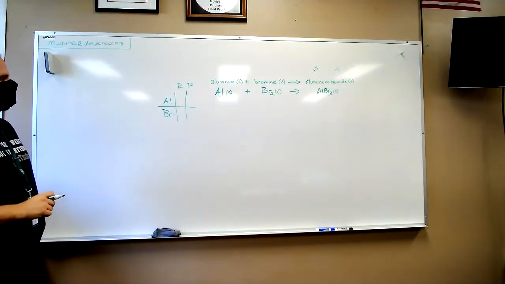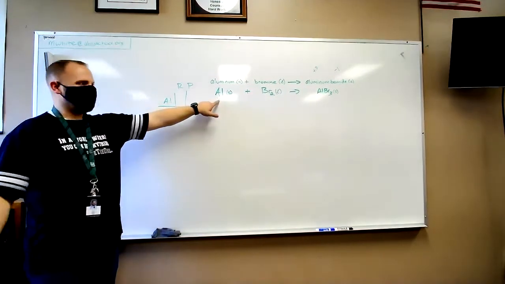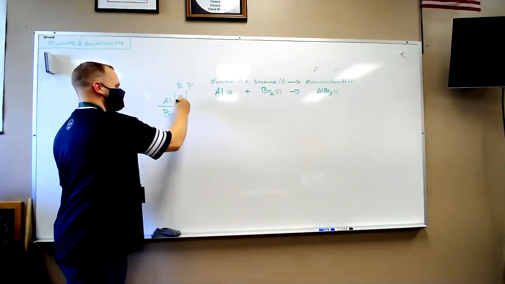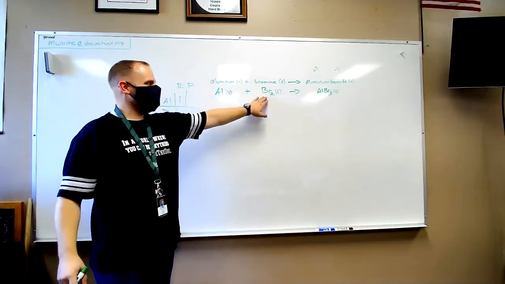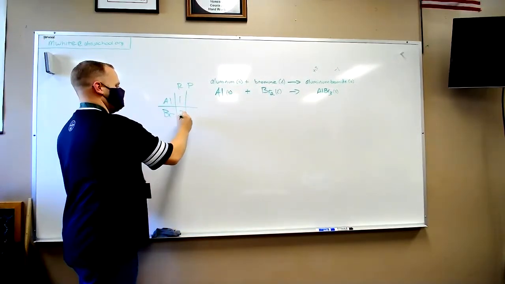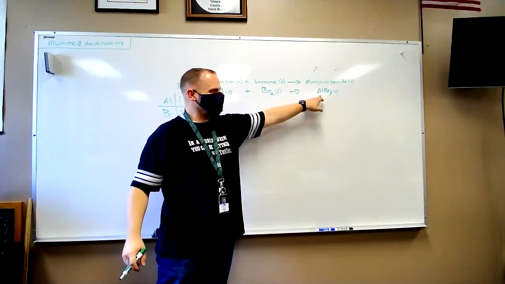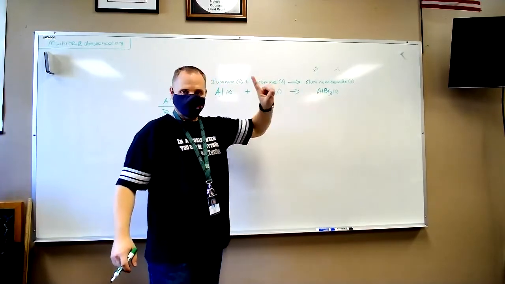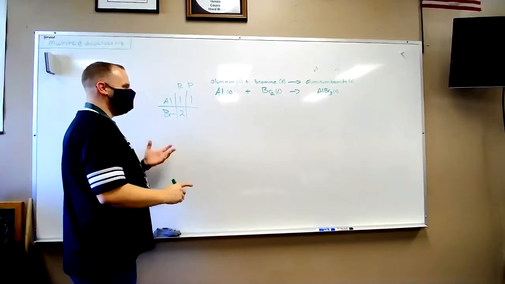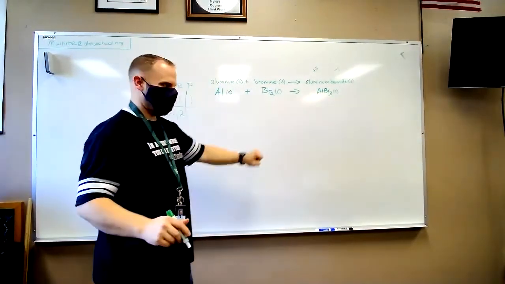So, reactants. How many atoms of aluminum do we see right here? 1. Okay. How many atoms of bromine do we see right here? 2. All right, now let's do our products. In this molecule, how many atoms of aluminum do we have? 1. Now that's nice because they're the same, but when we look, we have 3 atoms of bromine.